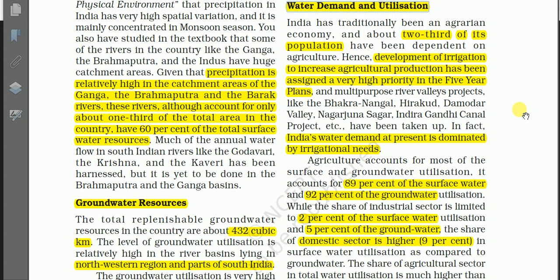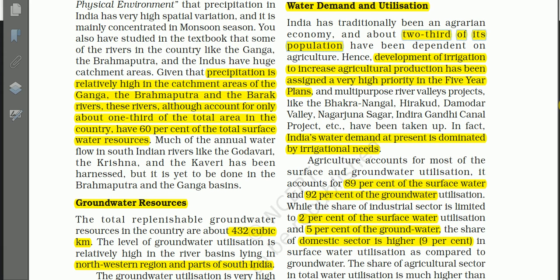India has traditionally been an agrarian economy, and about two-thirds of its population have been dependent on agriculture. So we have known that India is an agricultural country, and about two-thirds of India's population have been dependent on agriculture.